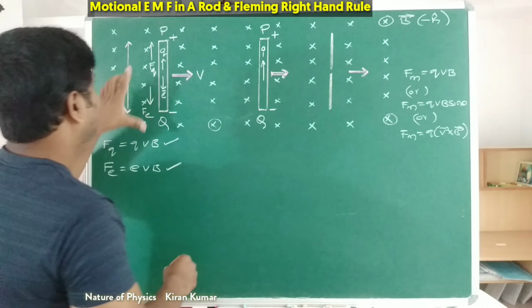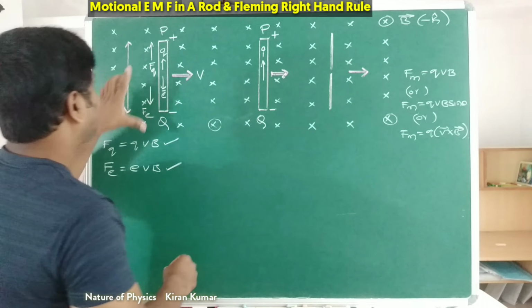In another diagram, this is the positive charge and this is the negative charge. This current is taken as the induced current, and the potential difference developed in the rod gives the EMF, written as E. Electromotive force is induced in the rod. Like this, the potential difference is created in the rod.